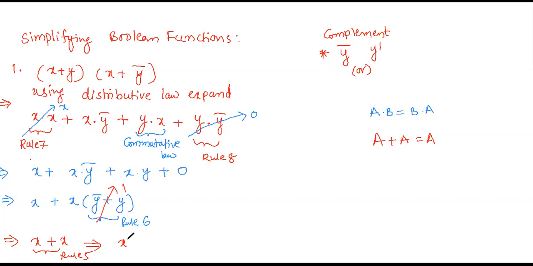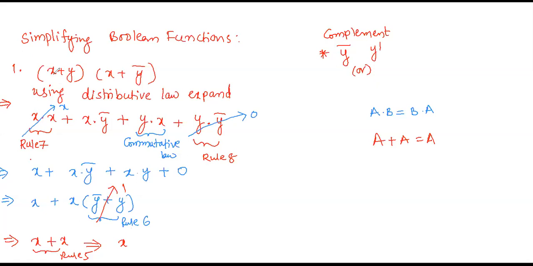Okay. To simplify the expressions, you have to use all the tactics and all the rules which you know. Our goal is to make the number of literals less. Here, how many literals are there in the expression?